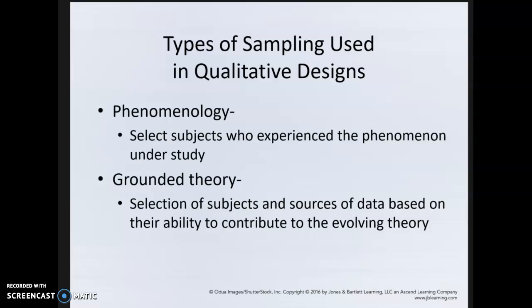Grounded theory involves selecting subjects based on their ability to contribute to an evolving theory. Sampling for qualitative design based in grounded theory has to do with developing different components, whether it be mid-range theory, those types of things, when we're doing nursing research.